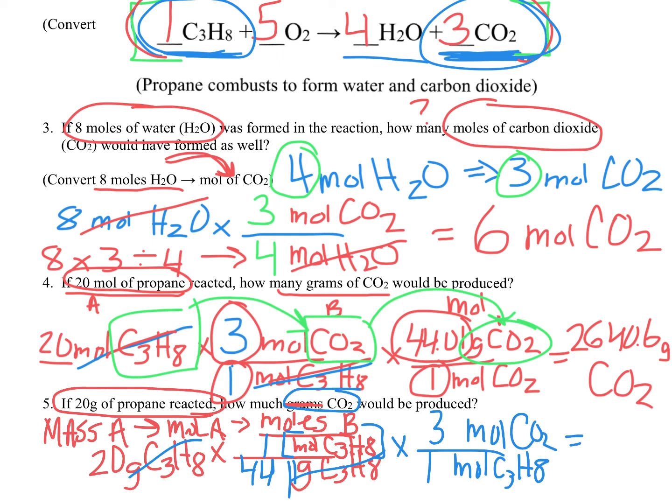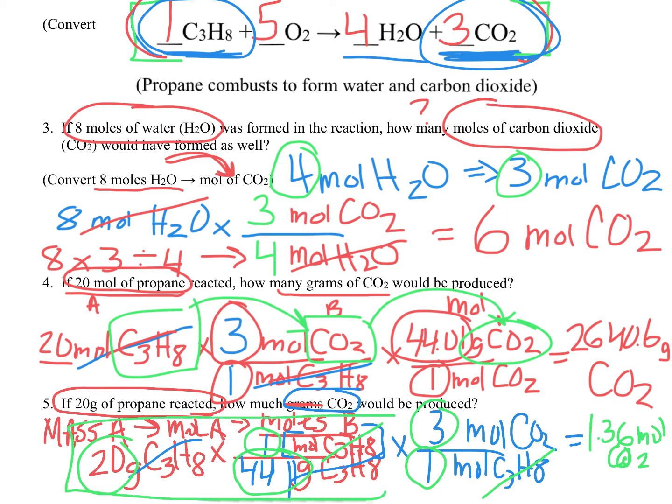So when we put that together, take a look, everything is going to cancel out. Propane cancel out. And what we end up getting is 20 times 1 divided by 44.11 times 3 divided by 1. Throw that all together and I got about 1.36 moles of CO2.